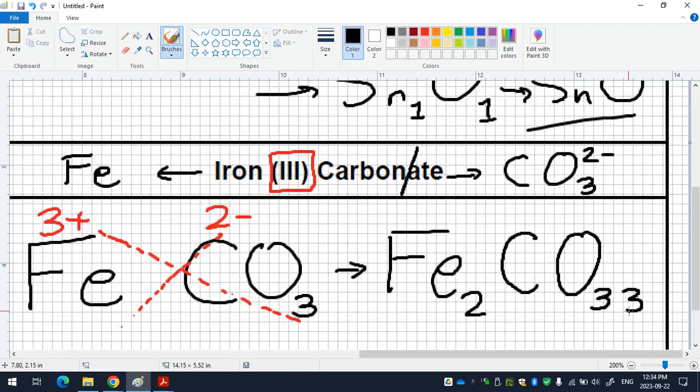How many oxygens does it look like I have? If I leave it like that, what does this mean? How many Fe do you have? How many carbons do you have? Carbon. 1. And how many oxygens do I have? 3. That's not correct. What are they missing?